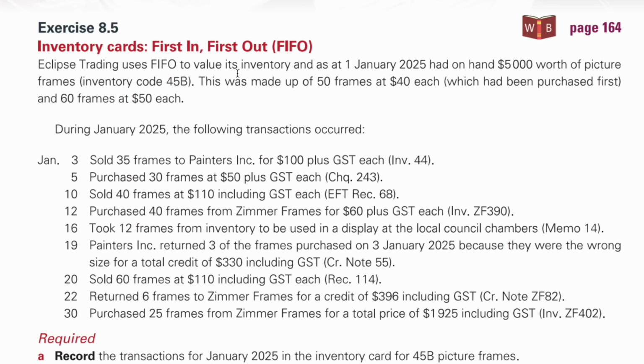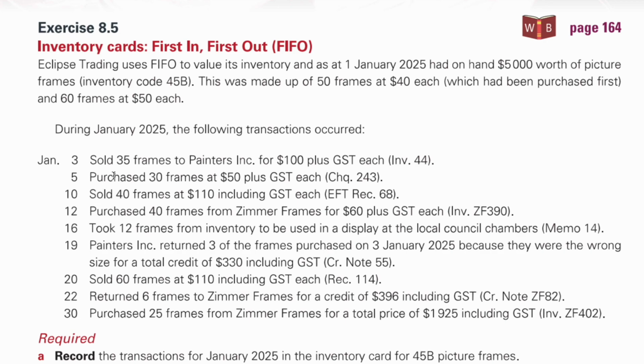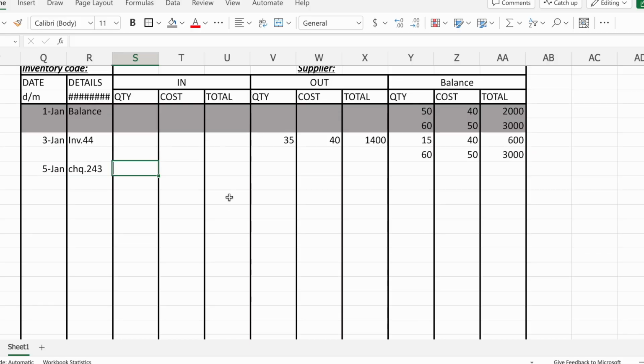So 5th Jan. Now, they said they purchased 30 frames. So purchase means it comes into the business. So of course it's 30, 50, oh my bad, 50 and then 30 times 50. Yep. And now since they purchased the $50 one, nothing happens to the $40 one, so it still remains the same.